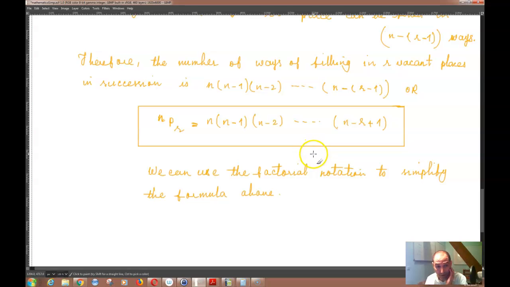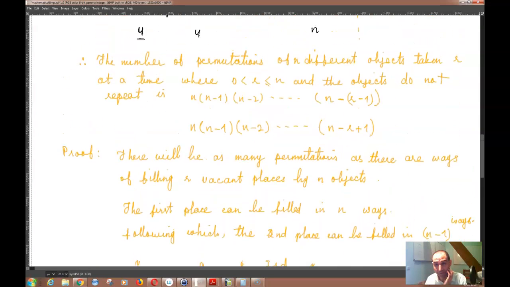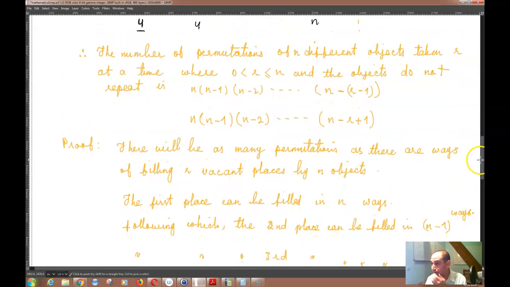That was the definition, and also theorem 1, which calculates n permutation r.